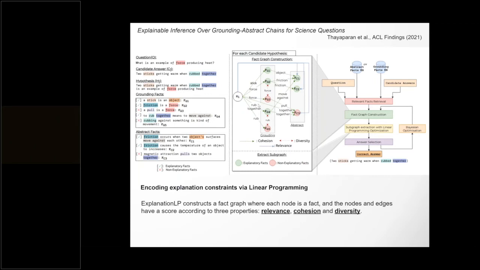And then essentially trying to inject this type of constraints into the multi-hop inference process so that we can have, for example, abstraction unification type of encoding, or that we can explicitly encode values of relevance, cohesion between explanatory facts, and diversity, so that we can have better control.